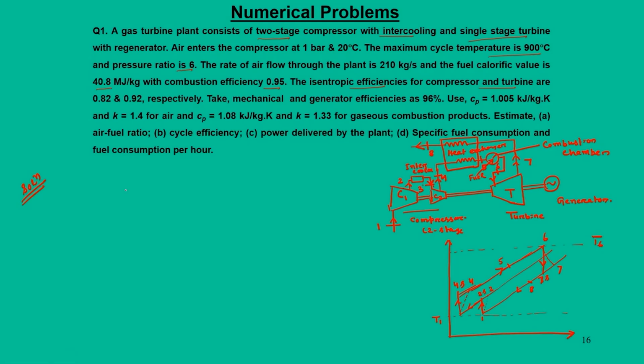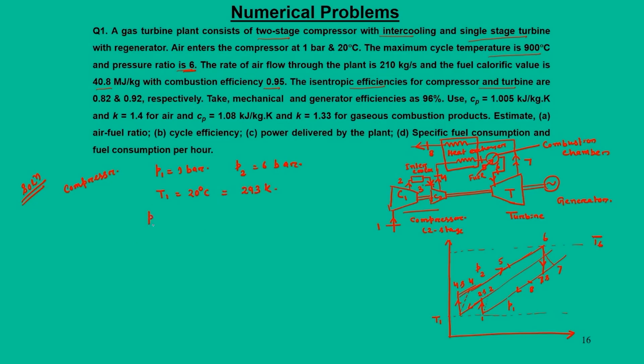So, the data we have to go step by step. First we start with compressor. Data that is given, P1 is 1 bar, pressure ratio is 6. So, your P2 is 6 bar, T1 is 20 degree centigrade, and that is 293 Kelvin.